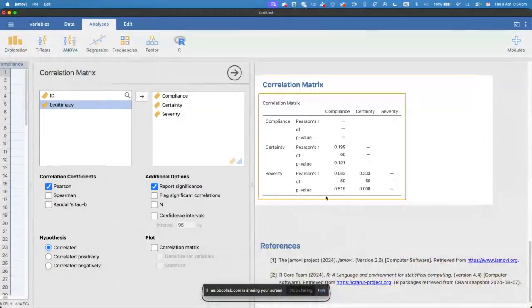Yeah, excellent. So looking at this correlation matrix, what do we see in terms of are our variables related? What can you say? Yes, no, unsure?